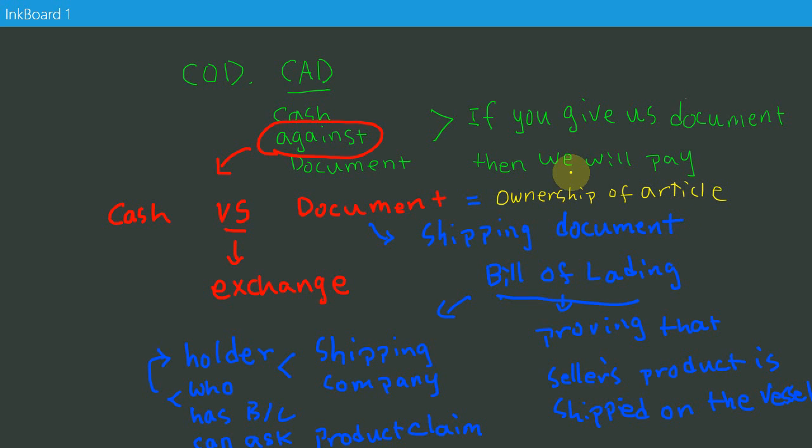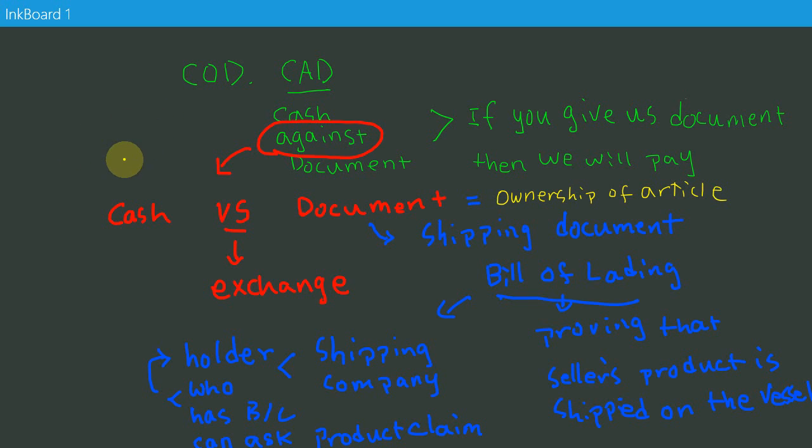So this can be exchanged with money. In this case, as an exchange of cash and document, the shipping document, the bill of lading, concurrently money and product are exchanged.